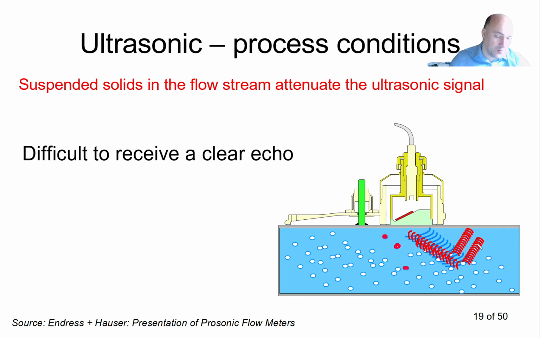They will reflect the sound, and we will not be able to receive the echo by the receiver. We are expecting that the sound is traveling like that, and we are looking for the reflection on the receiver that will be somewhere here, and we simply may not be able to receive enough of this signal so that we can correctly time it. So the ultrasonic flow meter is suitable only for clean fluids.